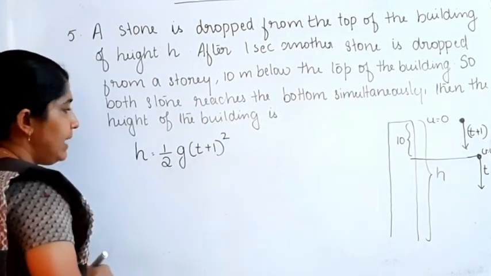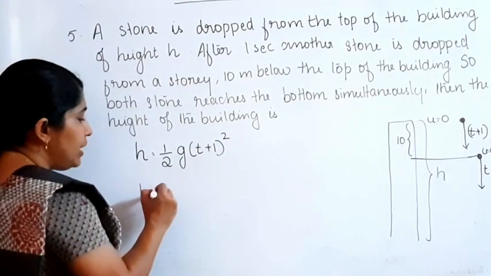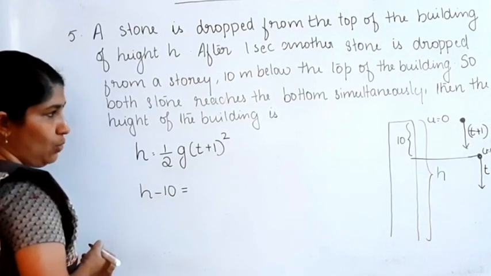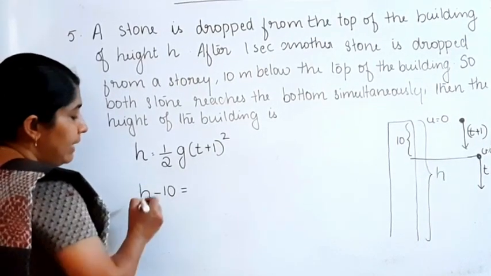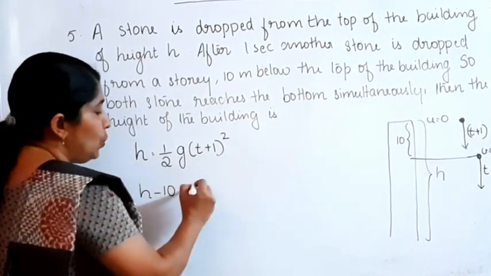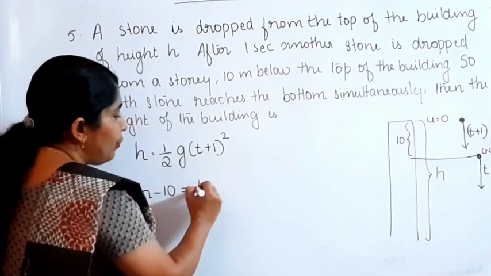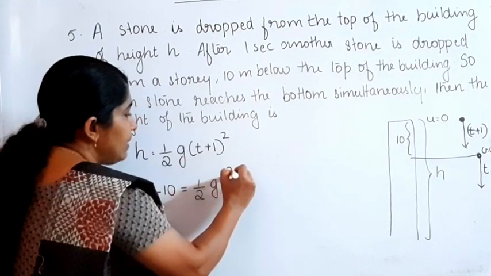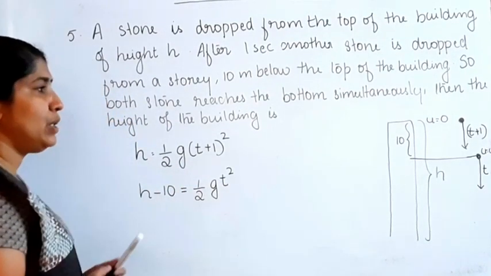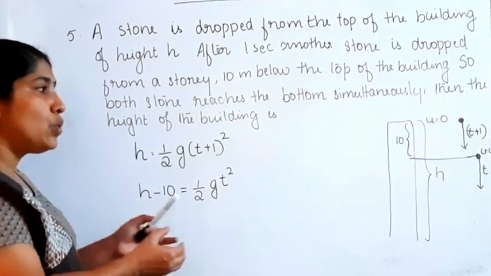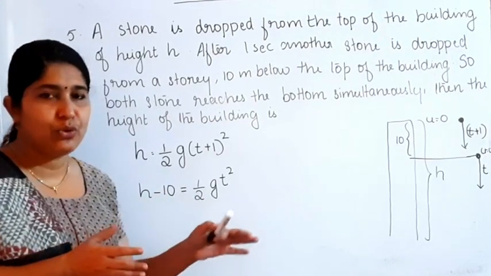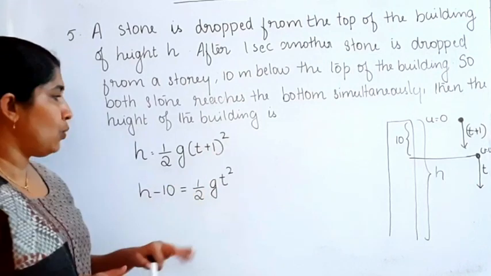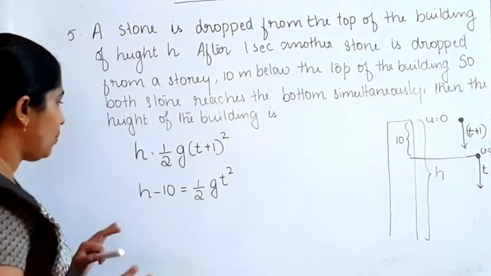In the second case, h minus 10 is the height of the story. Then h minus 10 is equal to half into g into t square. In that case also initial velocity is equal to 0, because the second stone is dropped, meaning u is equal to 0.